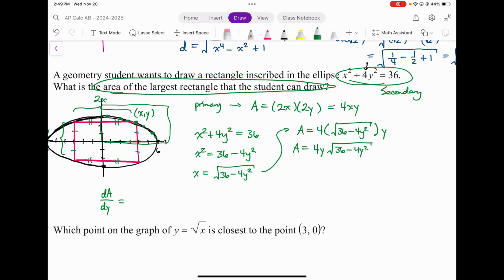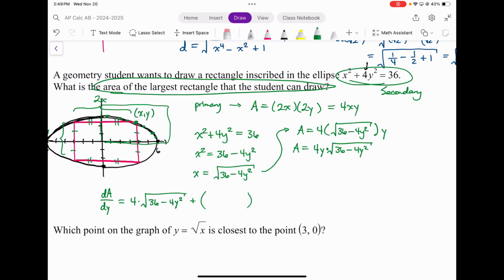So we get, this is a product rule, right? We've got one function times another. Don't forget, product rule. So the derivative of the first would be 4 times the second, so 36 minus 4y squared, plus the derivative of the second.